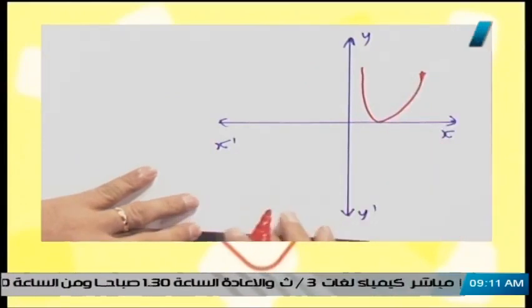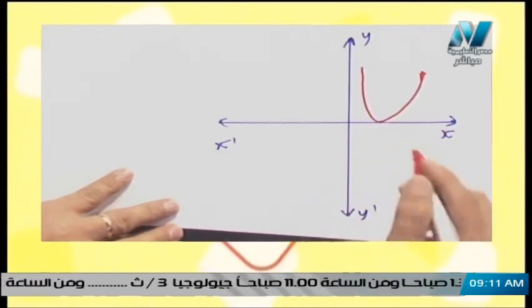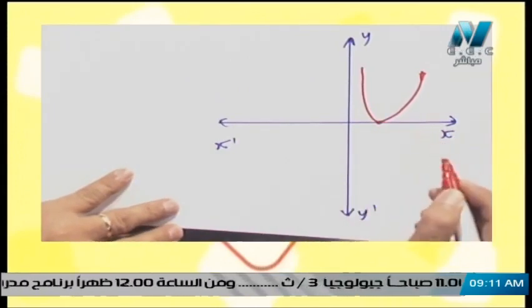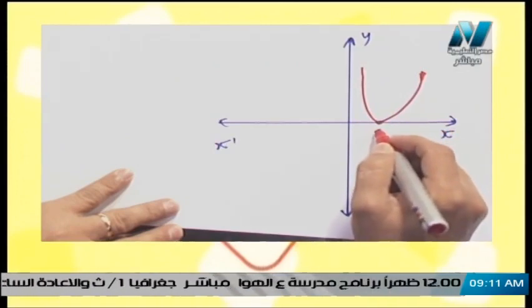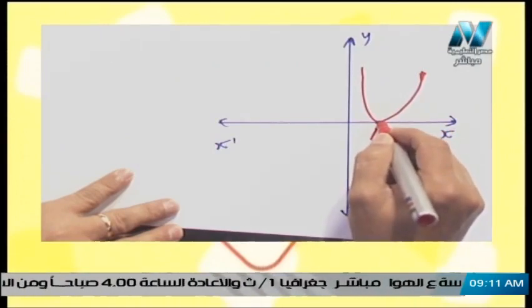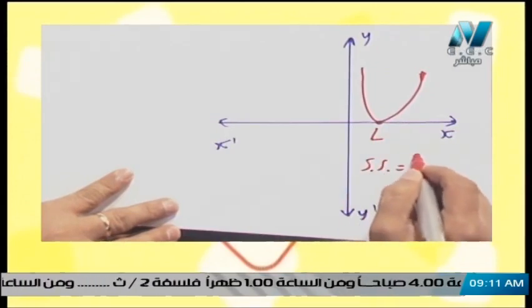This is the figure of a quadratic equation, and here it intersects the x-axis at just one point, say this number L. So the solution set here will be {L}.